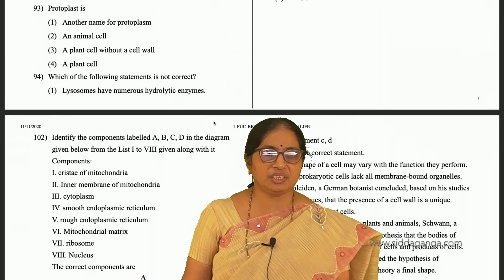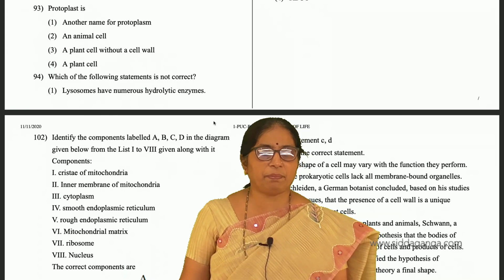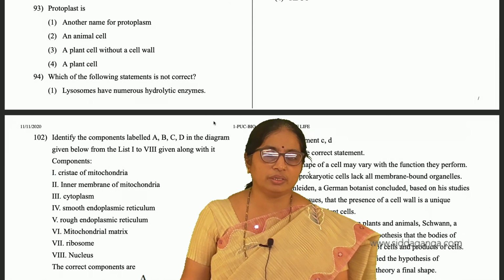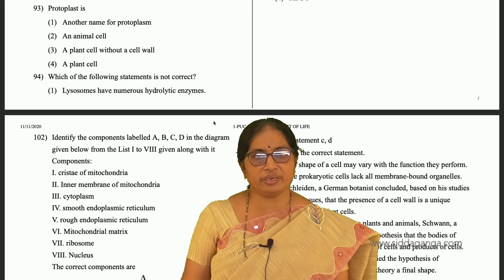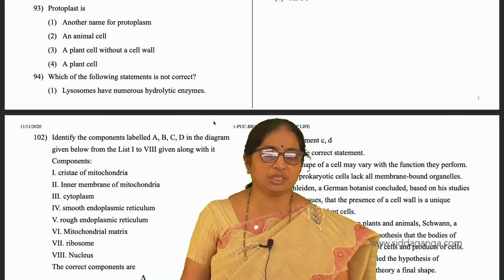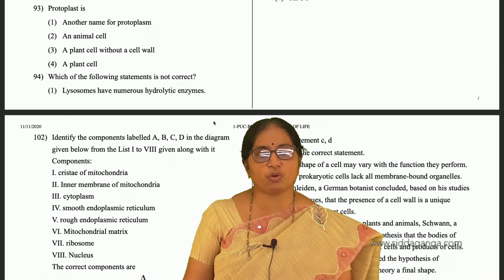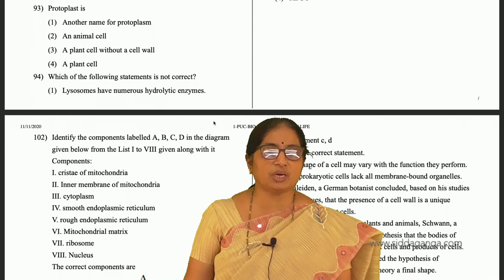An animal cell? No, in an animal cell you don't use the word protoplast. A plant cell without a cell wall: the entire cytoplasm, the nucleus and all the cell organelles together you can call the protoplast. A plant cell cannot be called a protoplast. So the most appropriate statement which matches protoplast is a plant cell without a cell wall.